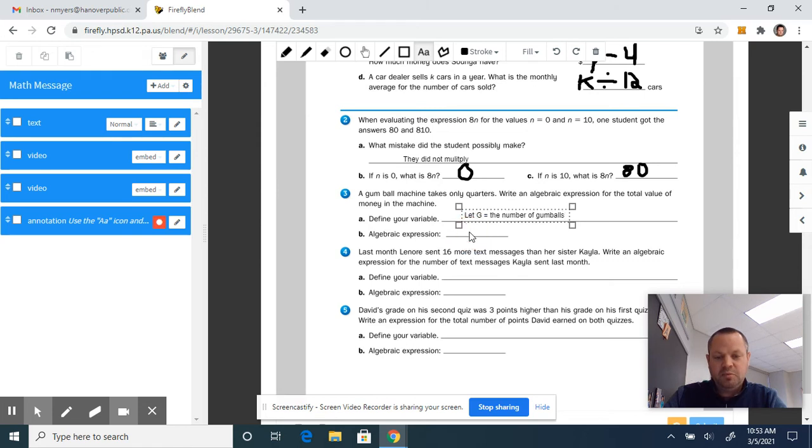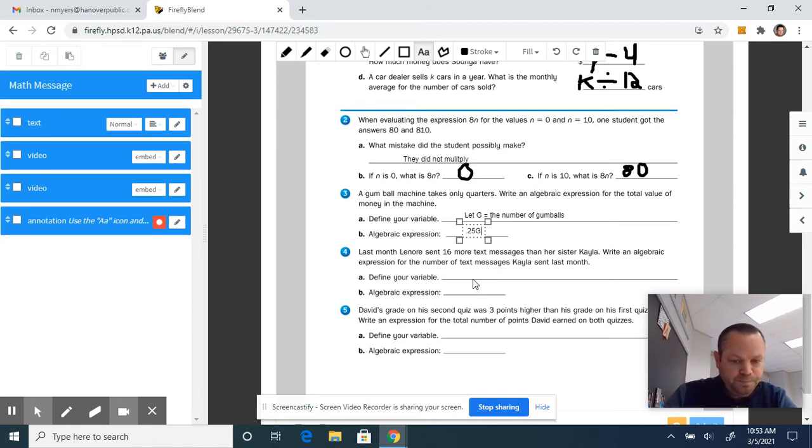So for 3b, each gumball costs a quarter. I know that's 25 cents, 0.25. And then I can just write 0.25 times G, the total value of money in the machine. If there's 4 gumballs, well, 4 times 0.25 would be $1. There's $1 in the machine. So it depends on how many gumballs are actually in the machine.